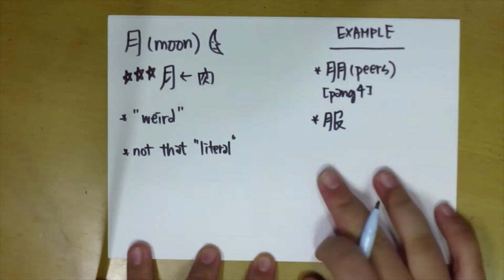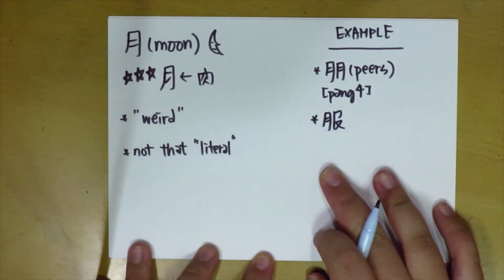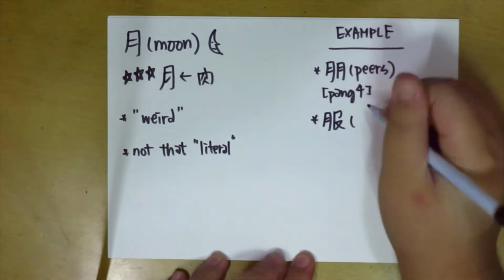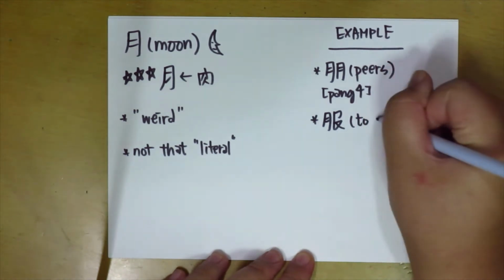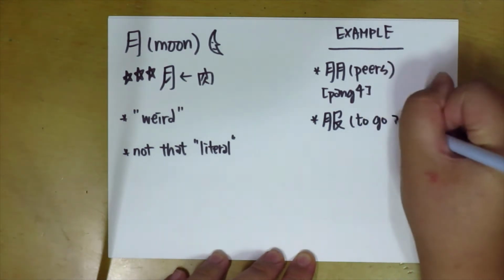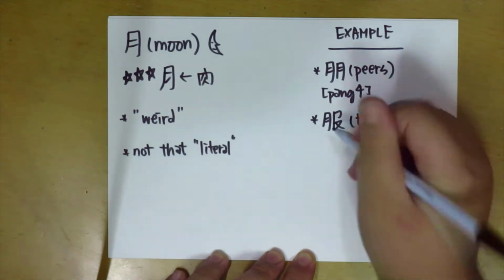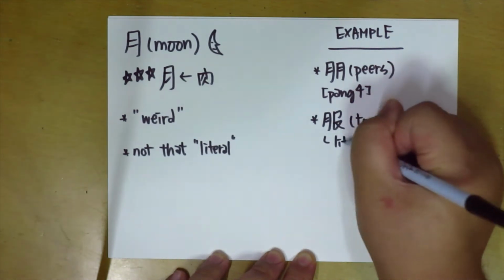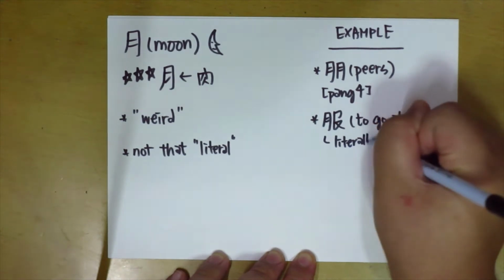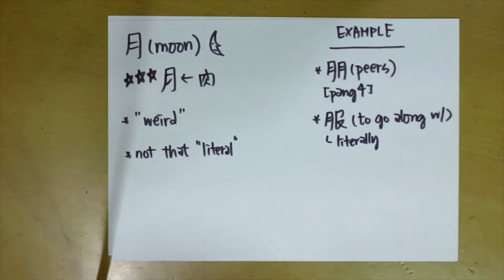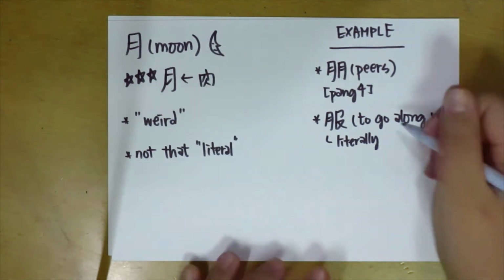The second example is Fo. Well, this one is kind of abstract. You can look at it as to go along with, literally, because it describes the smooth or tight fitting of clothes, or that kind of thing.